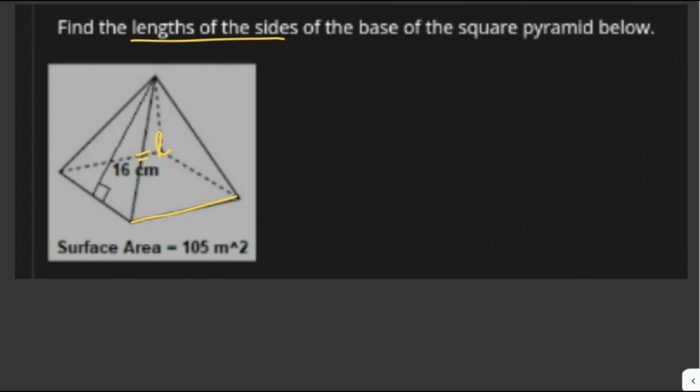So we can use the formula again. Surface area of the square pyramid is just equal to the area of the base plus 2 times the length of the side of the base times the slant height. And then we plug in all the given values.